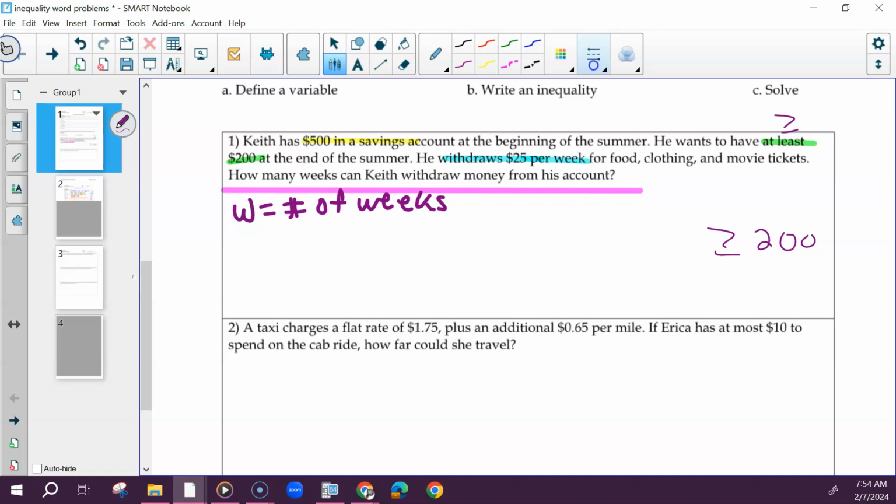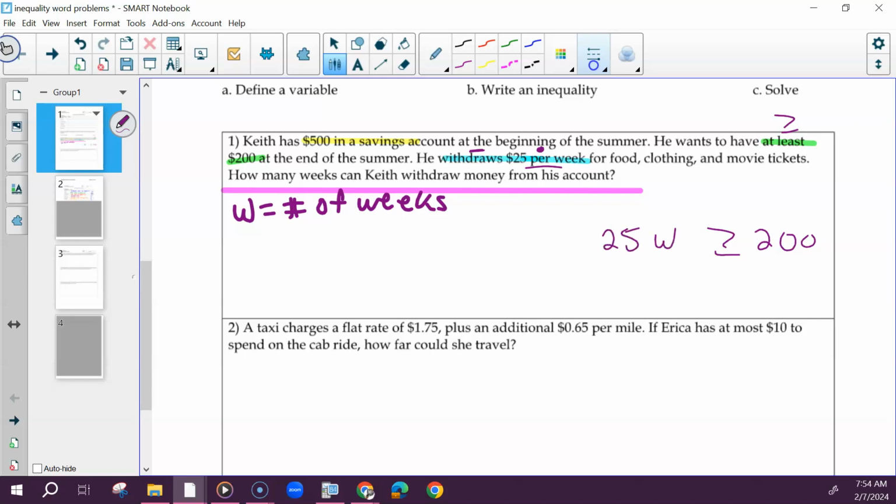Then we have to look at the rest of this. So we know he has 500. What operation would be withdrawal? Subtraction, not divided, but subtraction. And then if we have $25 per week, that per is going to tell us to multiply with our variable. So how could we set up this inequality? 25W minus 500.